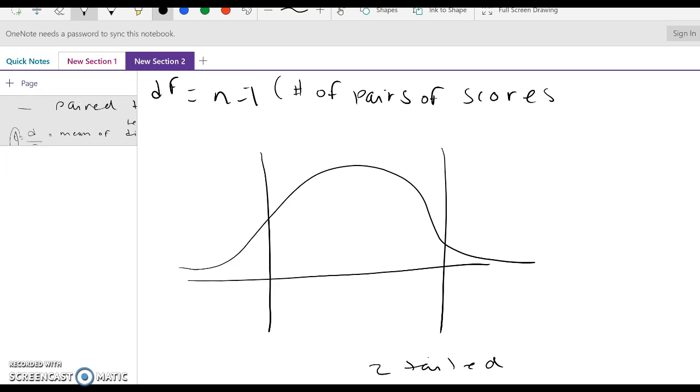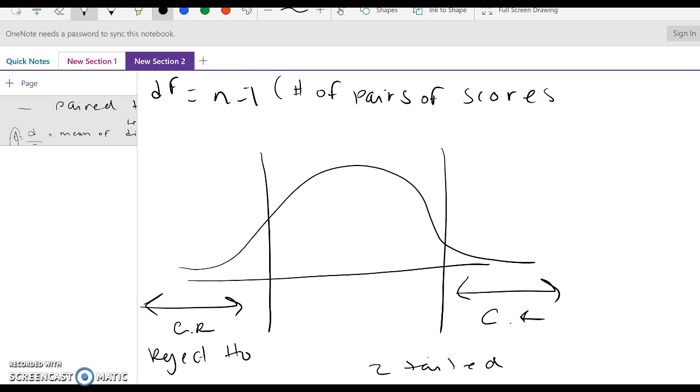This is what we're basing our decision on as far as critical values, because we need to know where the critical values fall in this normal distribution to determine whether we should reject or not reject the null hypothesis. So in a two-tail, in this area, this is a critical region, and in this area, again, critical region, we're going to reject H0.